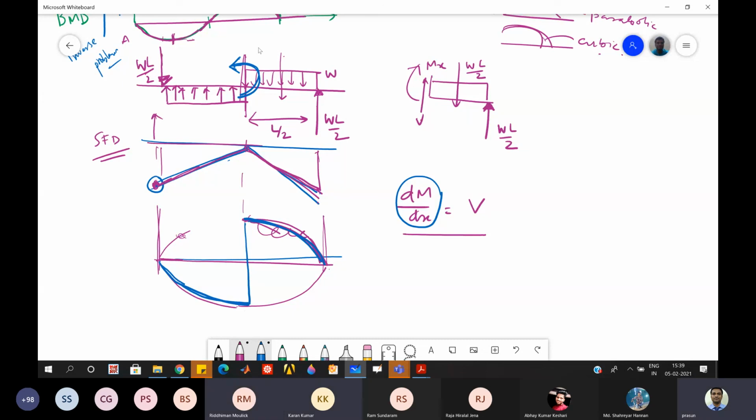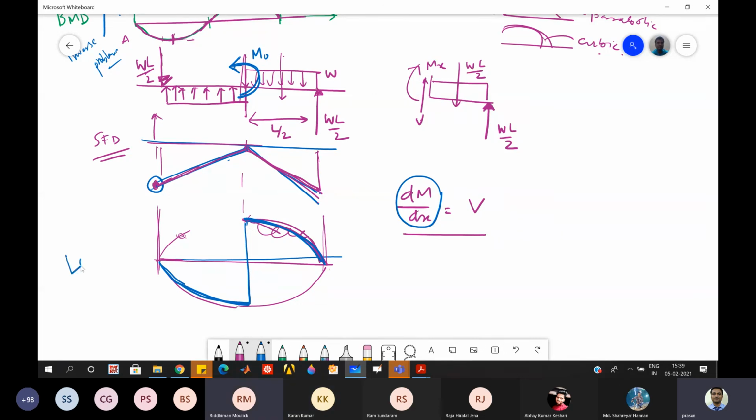There can be some extra load that may come. You have to see what moment, maybe M0, and then by taking force balance, you will see what can be the relation between this M0 and this W. You can find out.